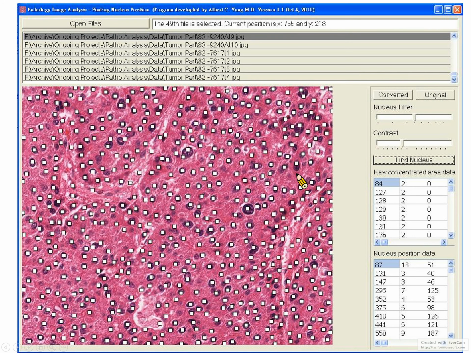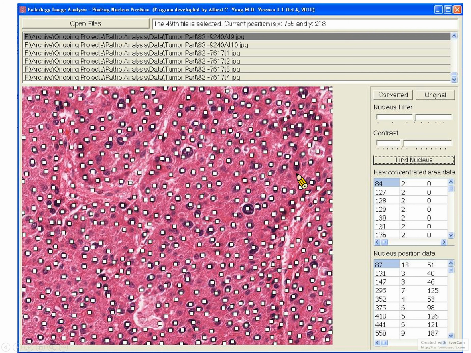Then you can use some image analysis to identify the nuclei of these pathology images. Then you can identify the number of nuclei, and you can also identify the location of the nuclei, and you can quantify these things with computer programs. This is actually one of the studies I conducted about 10 years ago.